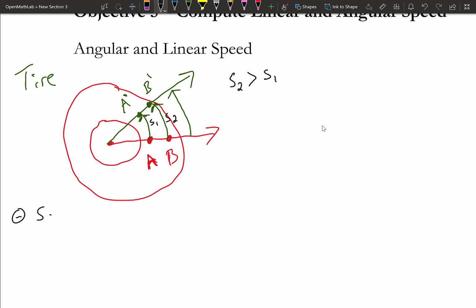So we're going to have the same angular speed, right? And the rationale is that they're going to move through the same angle for a given unit of time.